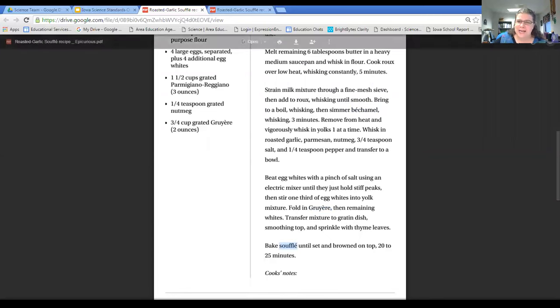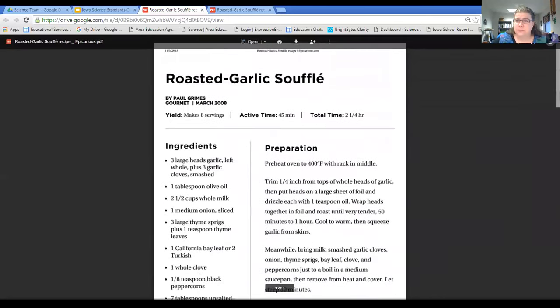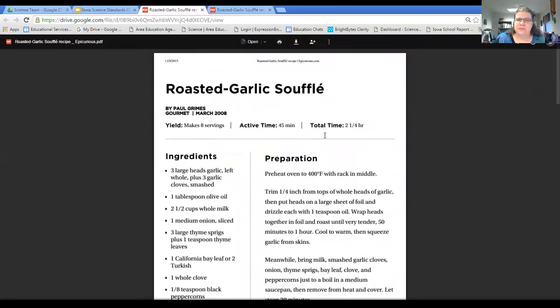So those are the content pieces. First, the practices, the doing of the recipe. Now we've looked at the content, the terms that an individual may not know what that word means. And the third dimension are the areas of this recipe that are cross-cutting, meaning it really doesn't matter if I'm dealing with this recipe or if I'm dealing with any other recipe, a breakfast, a lunch, a dinner.